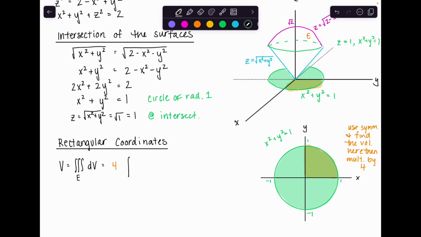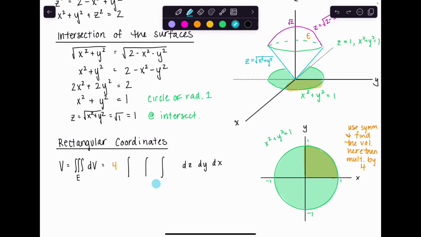And then I want to figure out what the bounds are for this first octant. Again, this is going to make sense to do dz first. The other ones don't matter, but typically dy dx is a good idea. Starting with the z bounds, we are always going to start at the bottom of that cone and go up to that hemisphere.